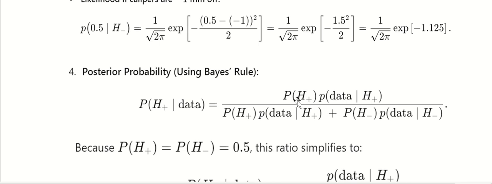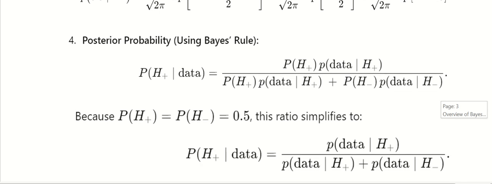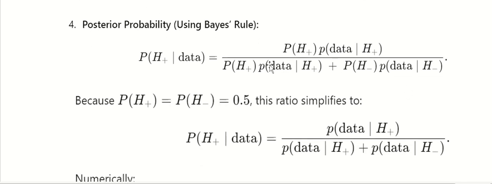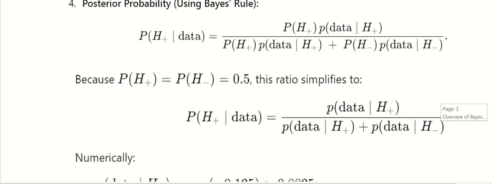So here we have 0.5, here 0.5, here 0.5, so mathematically we can cancel them. If we simplify this expression, the posterior will equal the likelihood over the likelihood plus the likelihood if it was miscalibrated by -1 mm.